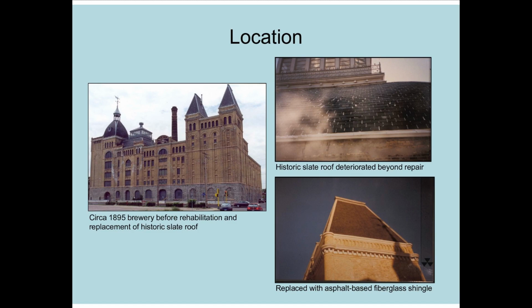The roof, with its many towers, turrets, and monitors, is clearly a distinctive and prominent feature, but because of the massive scale and height of the building, it can only be viewed at a considerable distance. For this reason, a substitute roofing material was acceptable in this instance.